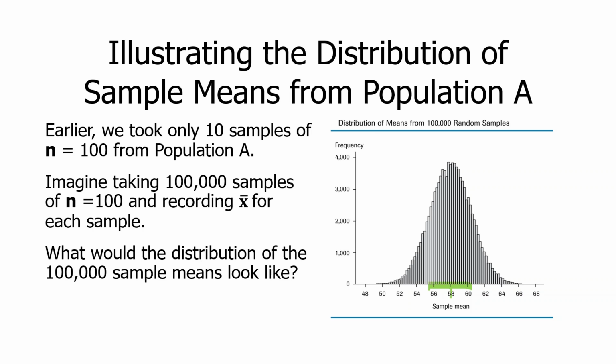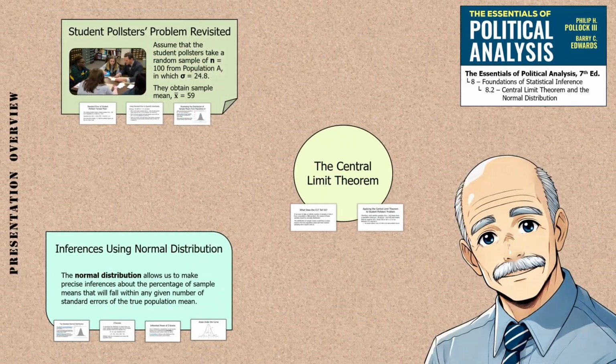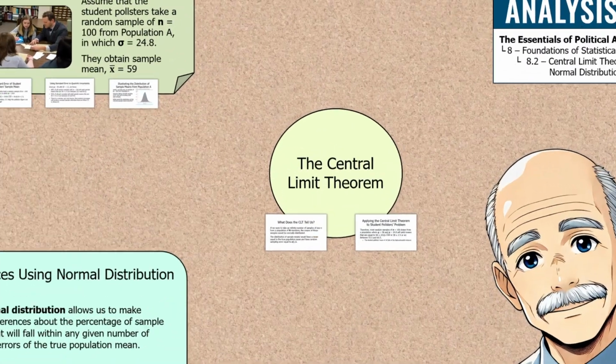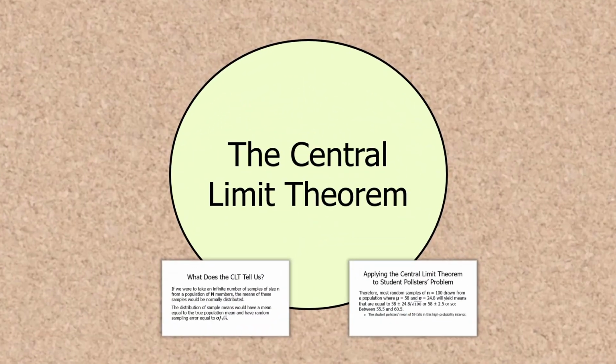So that's the first thing to notice. The other thing about this is if we added up all these sample means and divided by 100,000, the result would be the true population mean of 58. So let's review those facts and talk about the central limit theorem.